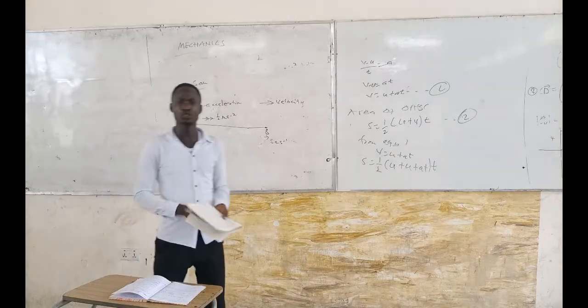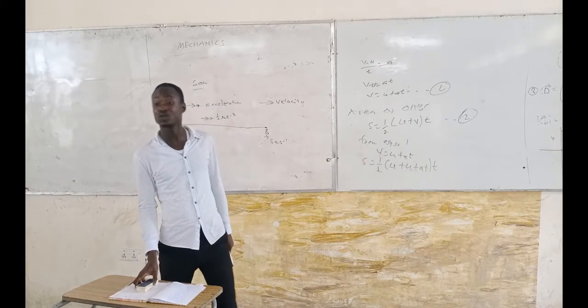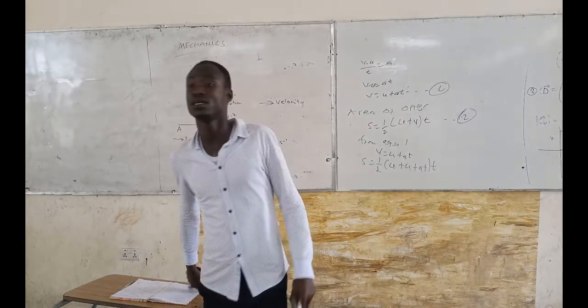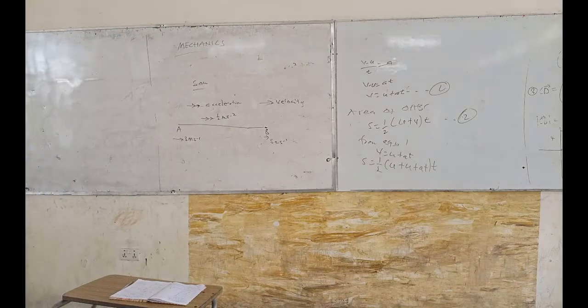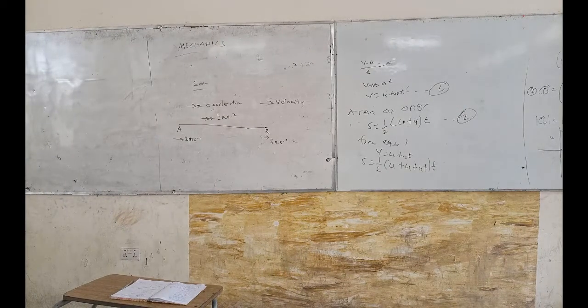So now looking at the 2 velocities, which one is the initial and which one is the final? 3 meter per second. Very good. Because it starts from point A, initial velocity. It reaches the final velocity. You see, the question didn't tell you what the initial velocity is. But with the information, initial, starting point, then at the end.